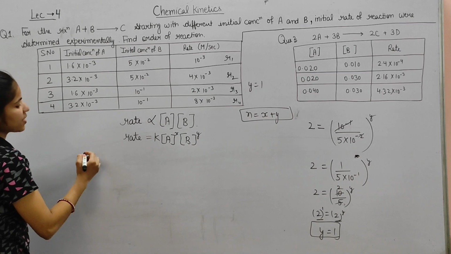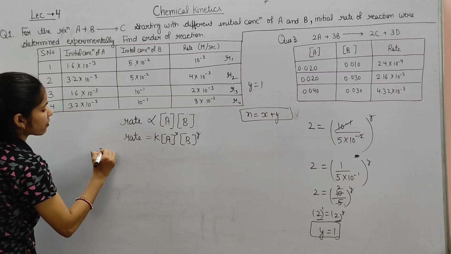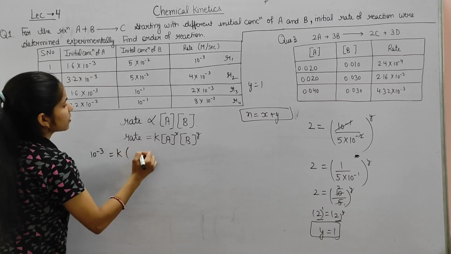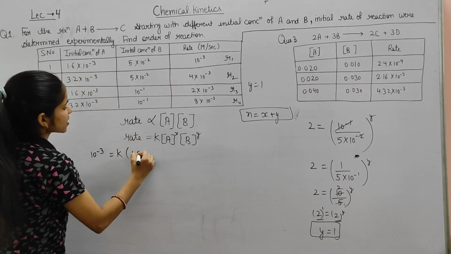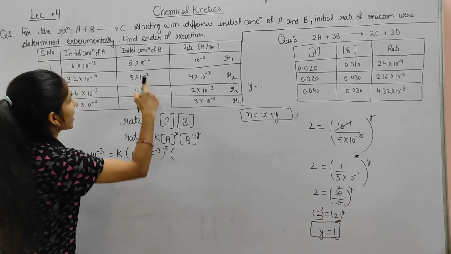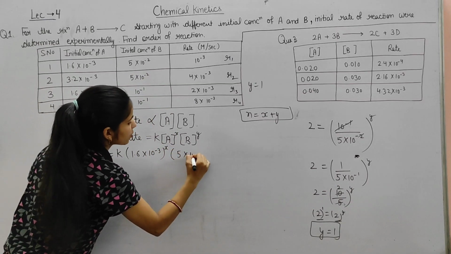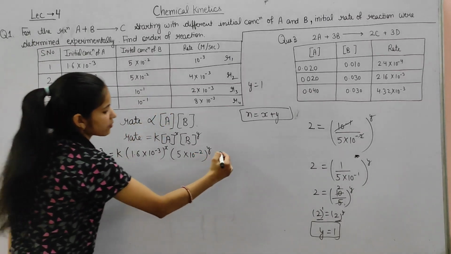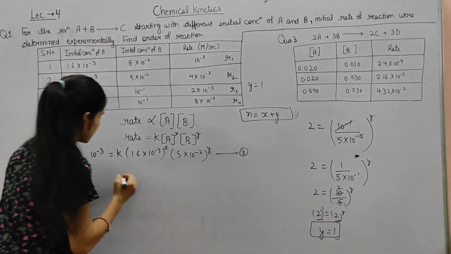From the first serial number, the rate is 10^-3 equals k (1.6 × 10^-3)^x (5 × 10^-2)^y. This is our equation number 3.